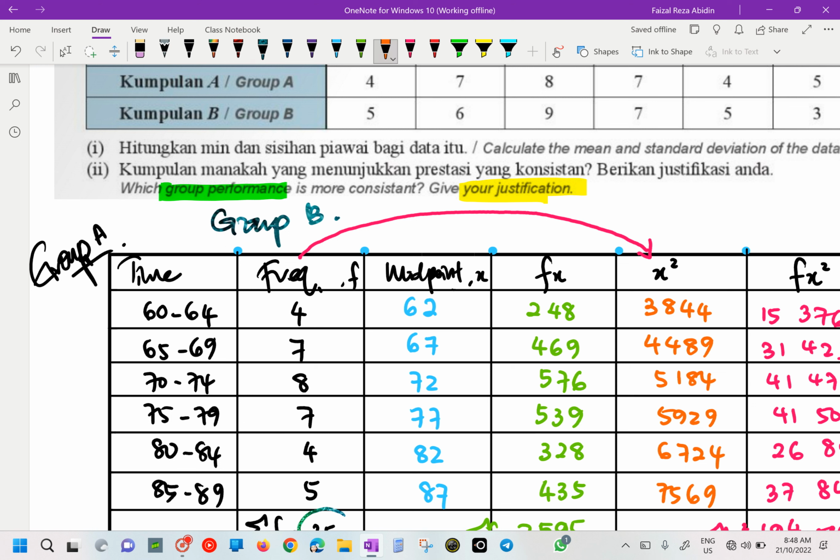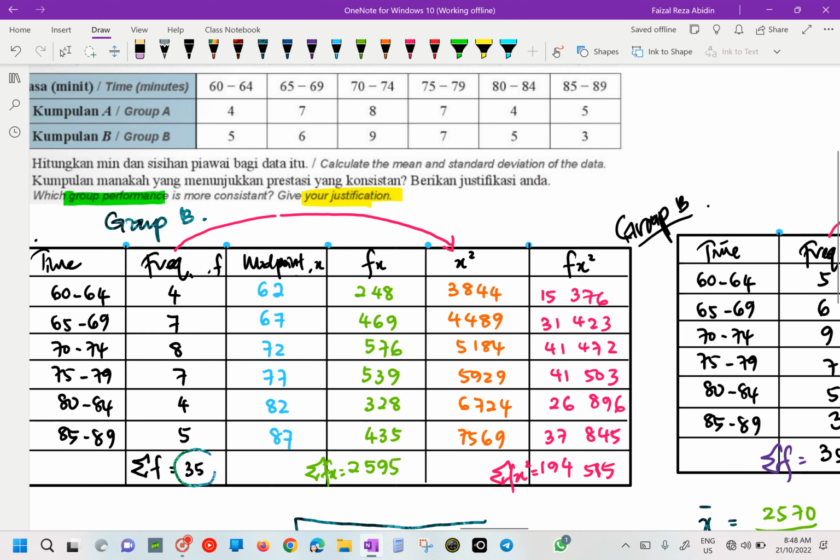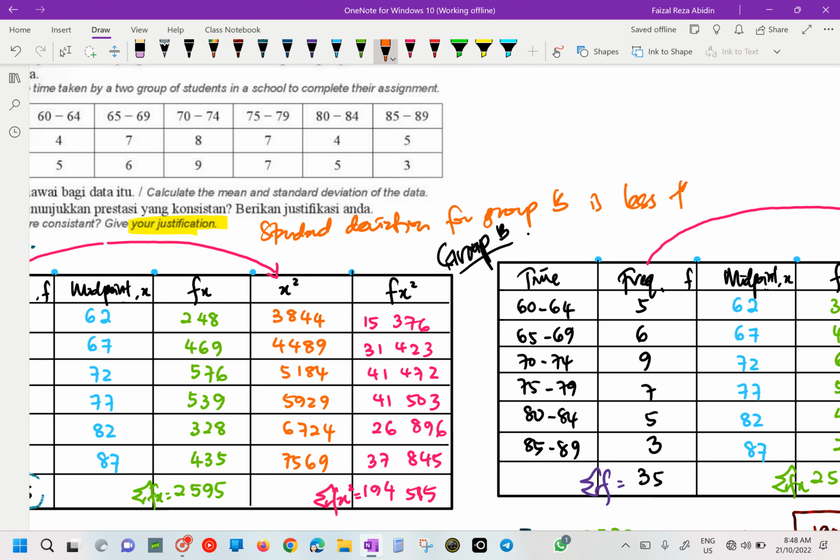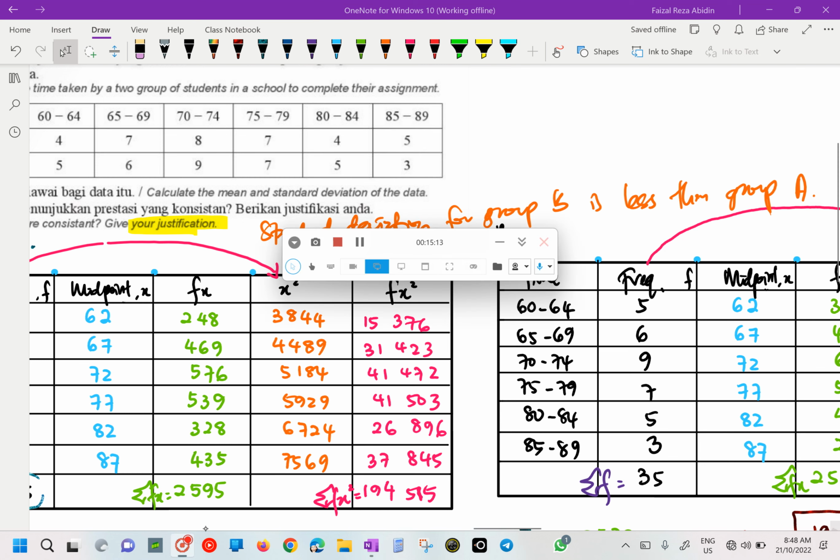You can say that the standard deviation for group B is less than group A. That's it. Okay. So if our standard deviation is lesser, it means we are going to get more consistent results. Can class? Can. Wow, 15 minutes.